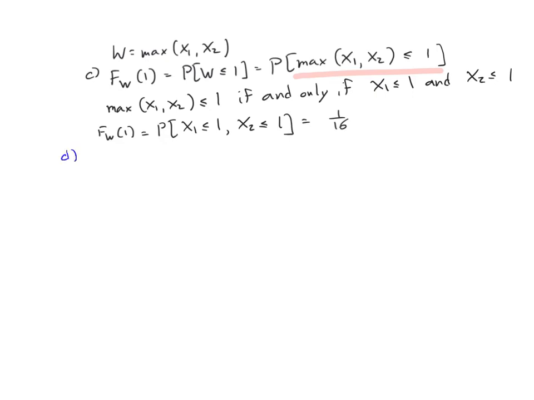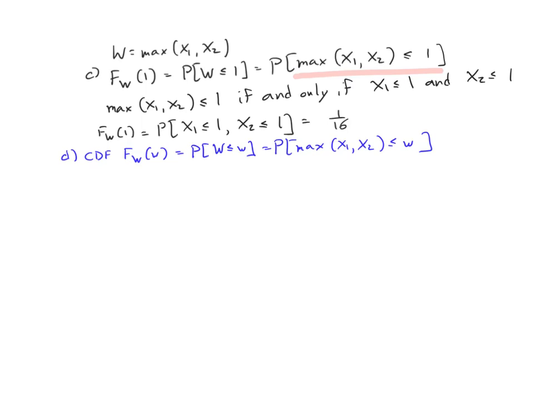Part D asks you to find the CDF of random variable W. And this is a little bit tricky, but in fact it's just a generalization of part C. The reason is that it's the probability W is less than or equal to w, and that's the probability that the max of x1 and x2 is less than or equal to w.